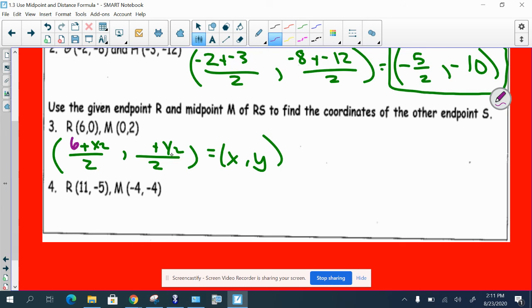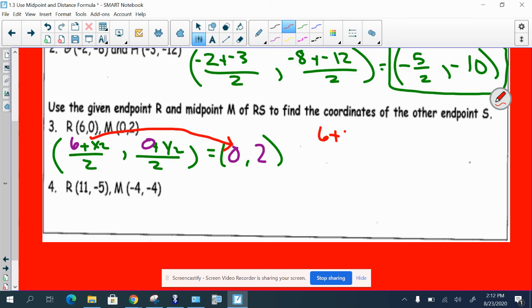So 6 and then 0. And I also know the midpoint is 0, comma 2. So I'm going to replace this. 0, 2.